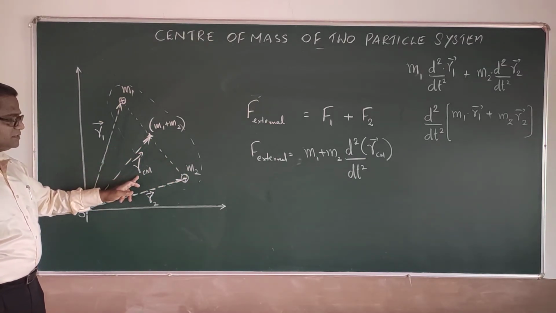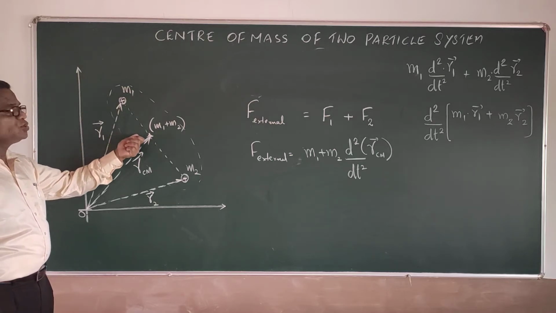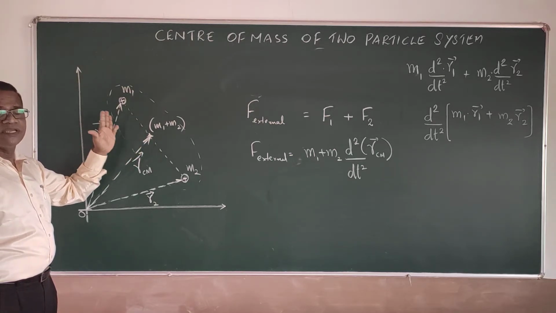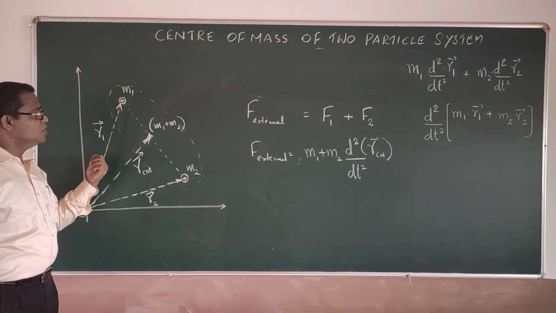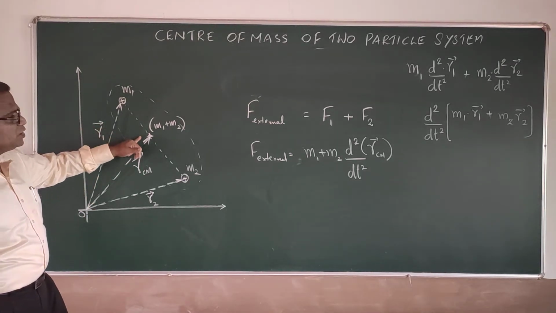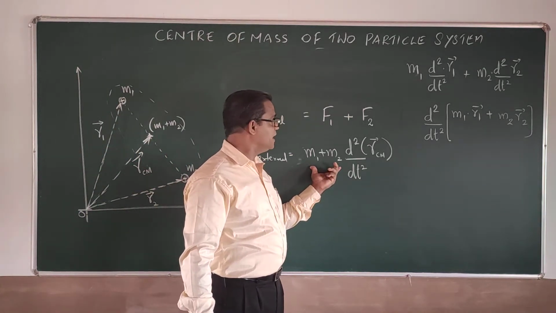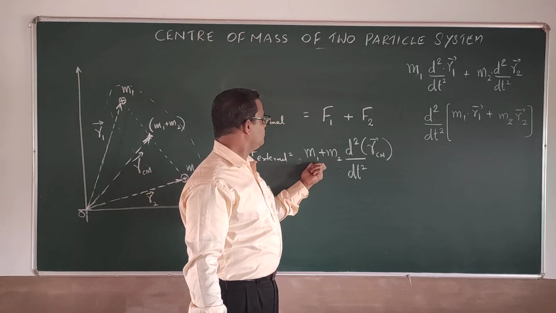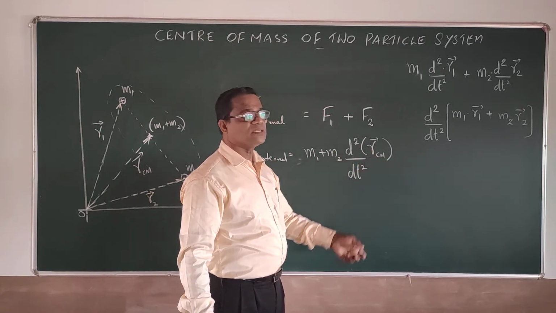So if the whole force F is directly applied onto this, the system will behave exactly as before. This is what we see. So when I apply the external force directly onto this, the effect is the same, and therefore that force can be written as m1 plus m2 into d square by dt square of RCM.